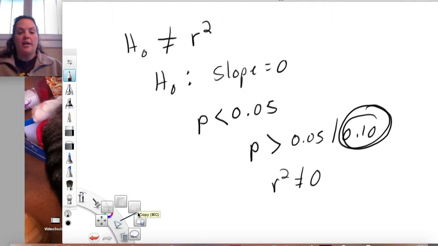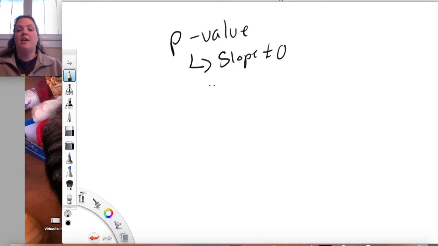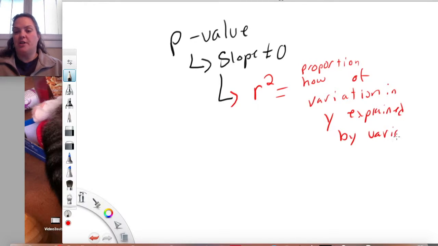So the first thing we want to look at when we do our regression is the p-value. And then after we establish that we have a difference, that slope does not equal 0, then we can go to our r-squared and see how much of the variation, or the proportion of variation in y, is explained by variation in x.